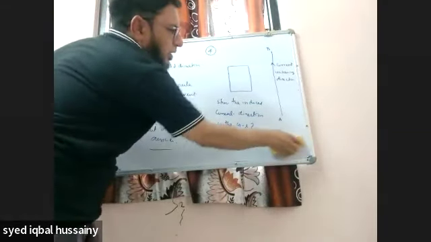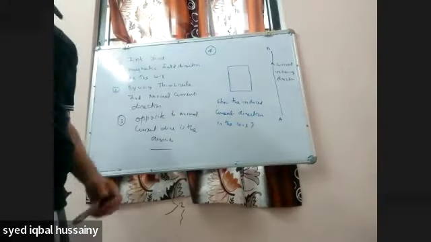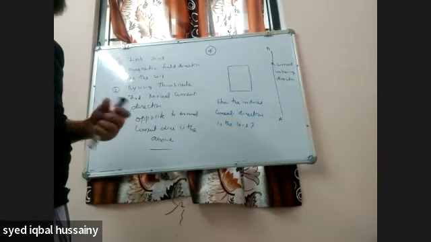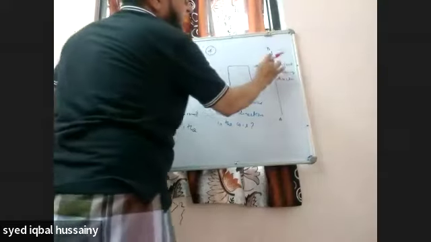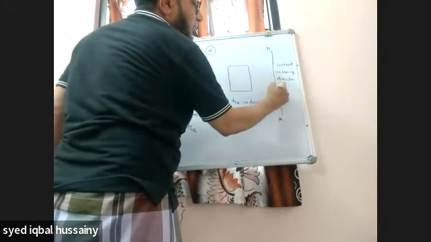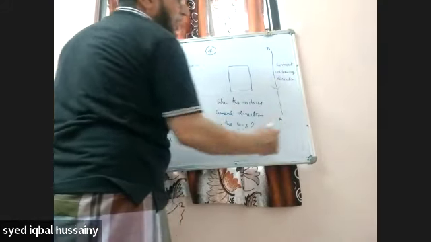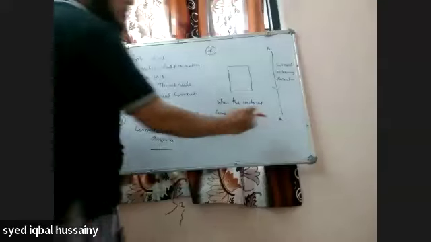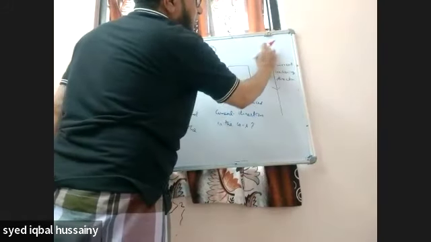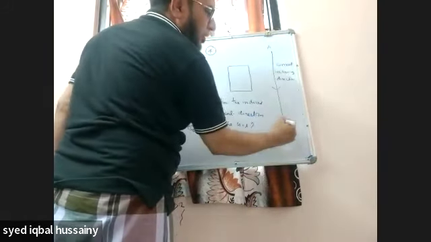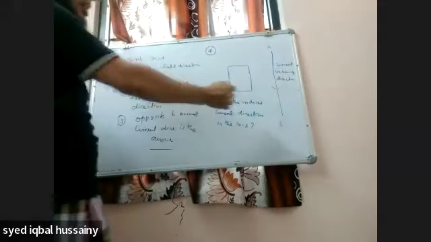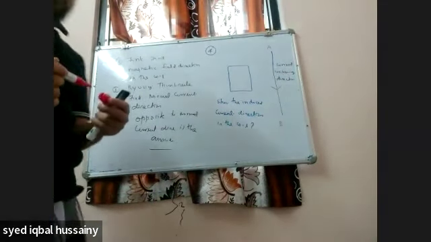Now you tell me. If the current increasing direction is A to B like this, show the induced current in the coil.